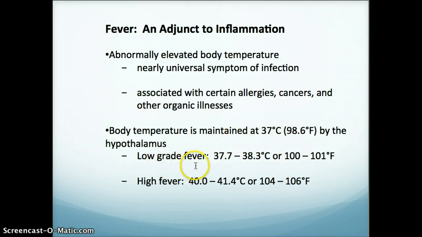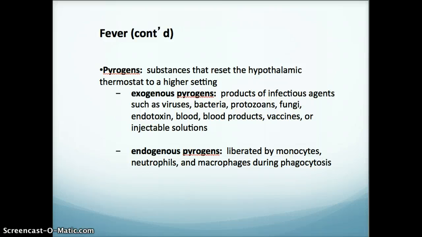A low-grade fever would be anything between 37.7 and 38.3, while a high fever would be 40 degrees to 41.4 degrees Celsius. When we're looking at fever, we talk about why it actually occurs, and there are things called pyrogens. These are substances that reset that hypothalamic thermostat to a higher setting.